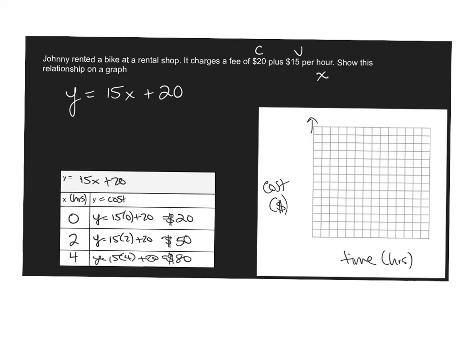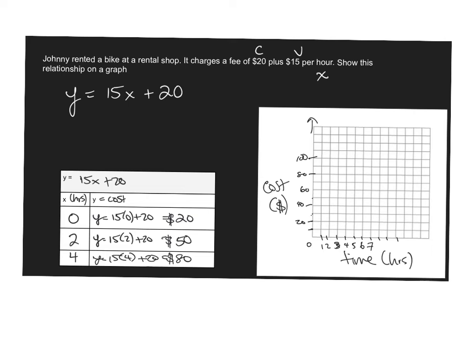The biggest y value is 80, so perhaps we should go up by 10 here. So that's 10, 20, 30, 40, 50, 60, 70, 80, 90, 100. And this will be 1, 2, 3, 4, 5, 6, 7, 8, 9, 10. So this is hours down below here.